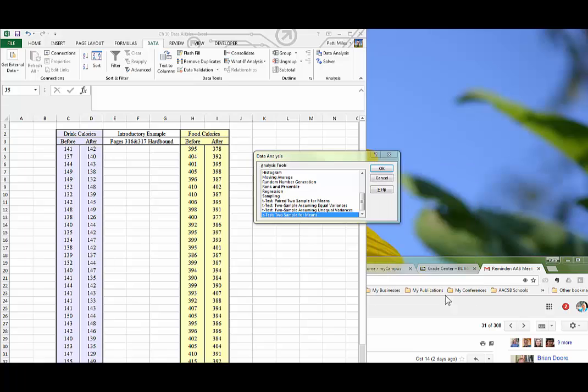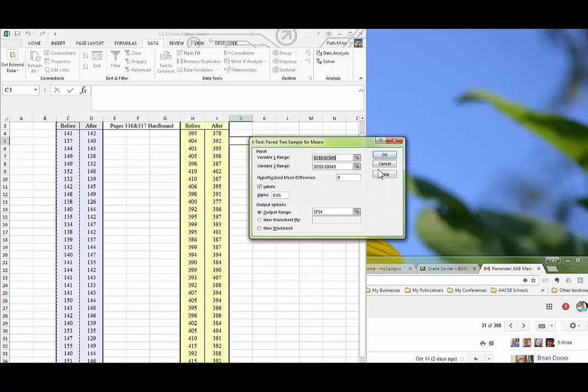Let me hide this, gets it out of the way. In this case, we've got a t-test with paired sampling because we've got before and after. So we're going to hit OK.